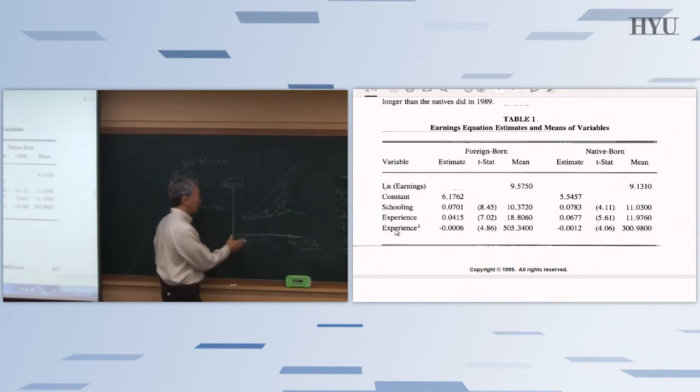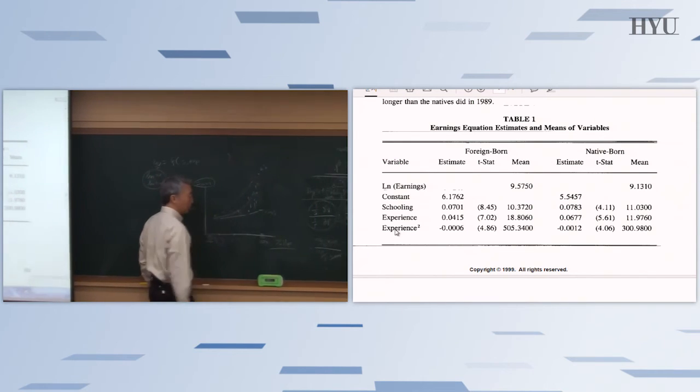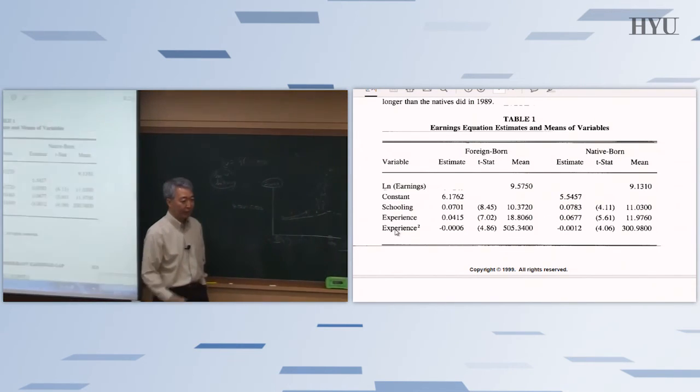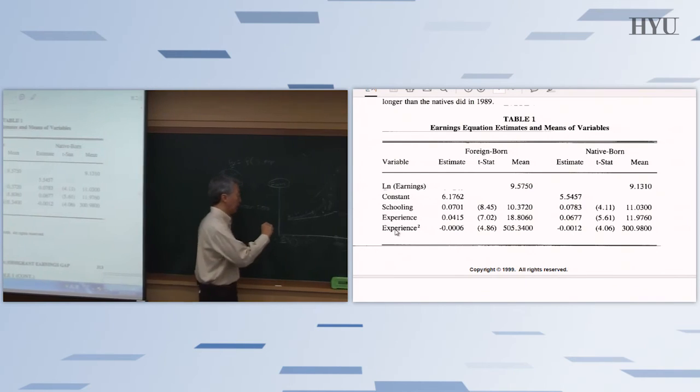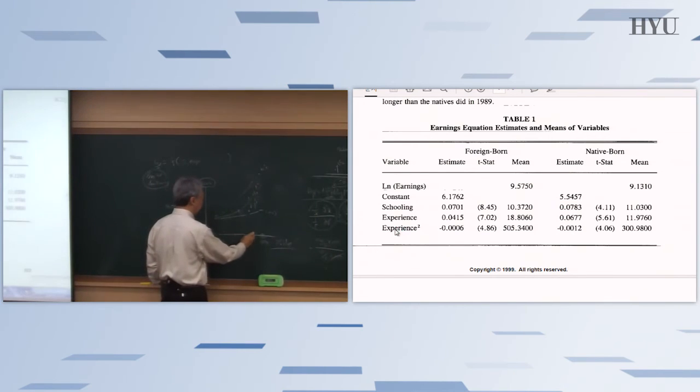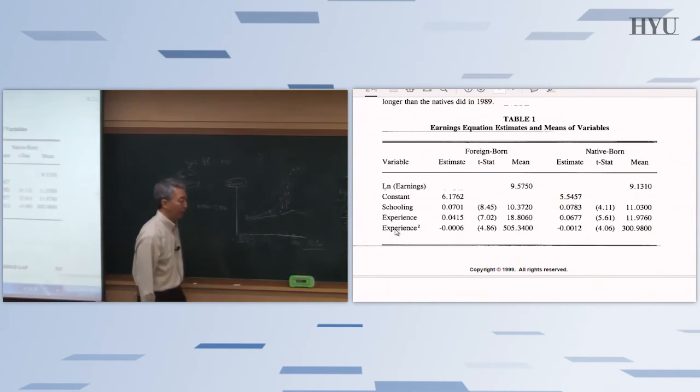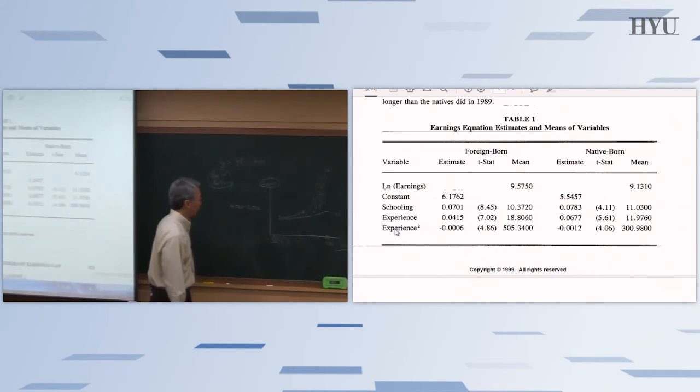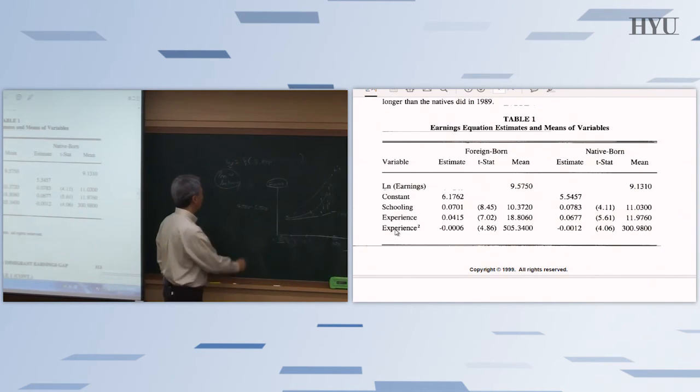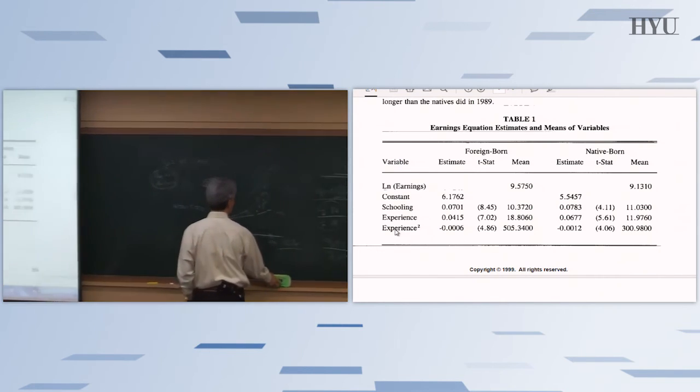So you see the heteroscedasticity problem. The variability increases as the level of earning increases. So in order to correct that problem, we typically take a log of earning. Okay? And that's the reason.